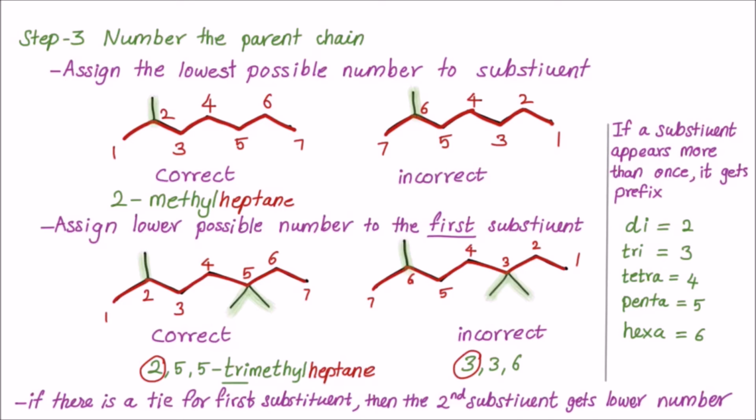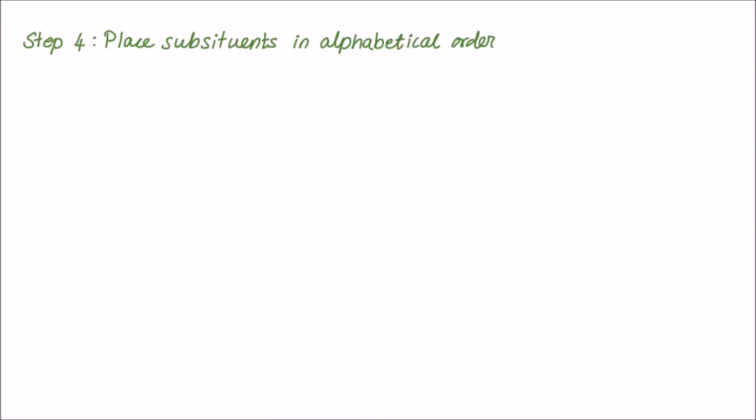Right? Now let's move on to step number 4. That's the final step. Step number 4 is place the substituents in alphabetical order.